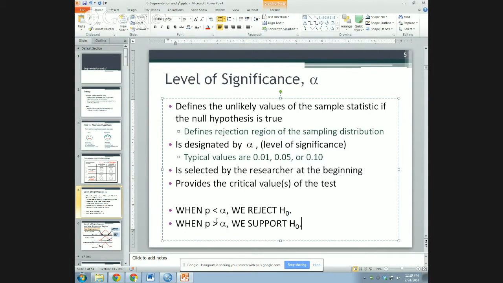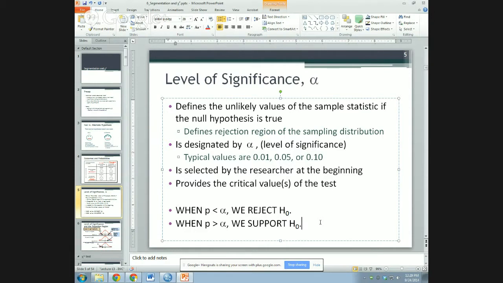Okay, so this makes sense. When p is less than our critical level of significance, we reject H0. When p is greater than our critical level of significance, we support H0. So what happens when the p-value of the null hypothesis test is 0.02?